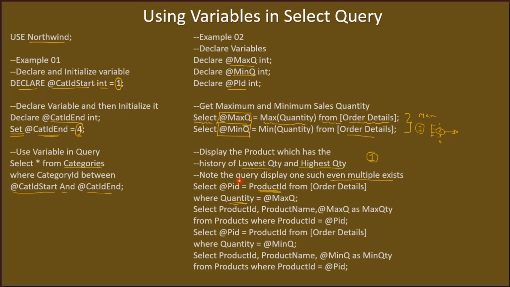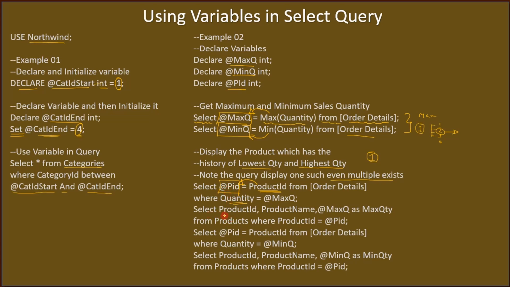And here what we are initializing is product ID. So product ID will get assigned here, the same way how we retrieved the max as well as min quantity. The same way here we retrieved the product ID and we are storing that in the variable @PID.